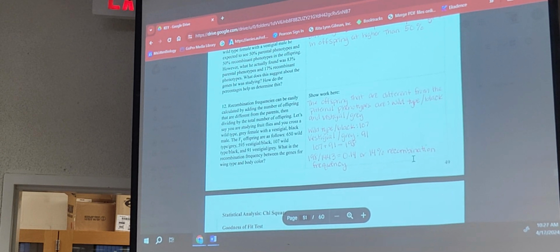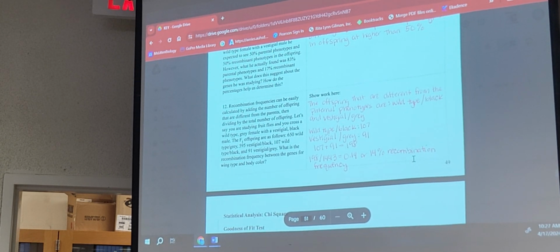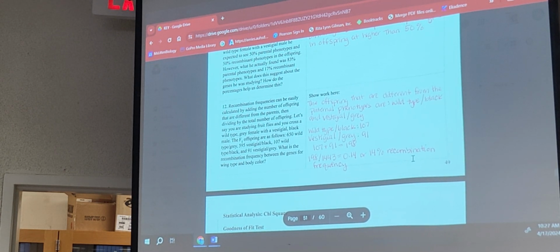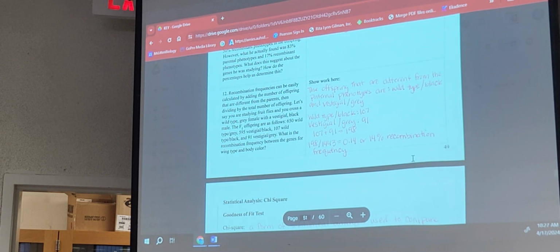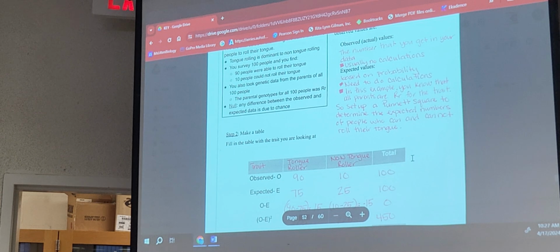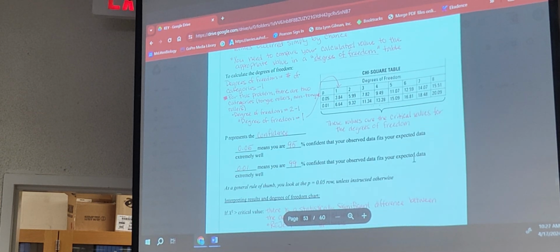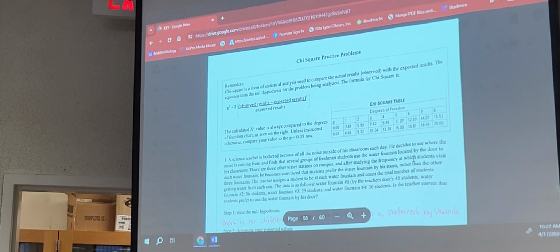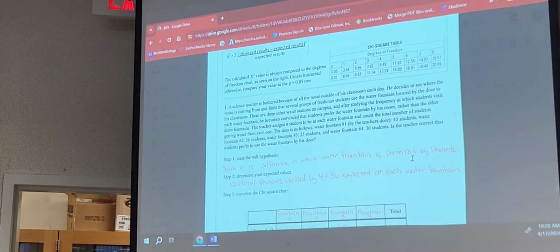Are we almost done? Man, this time goes quick. We need one for 85. Then we did the notes on chi-square. We did this. And then we had chi-square practice problems, right?